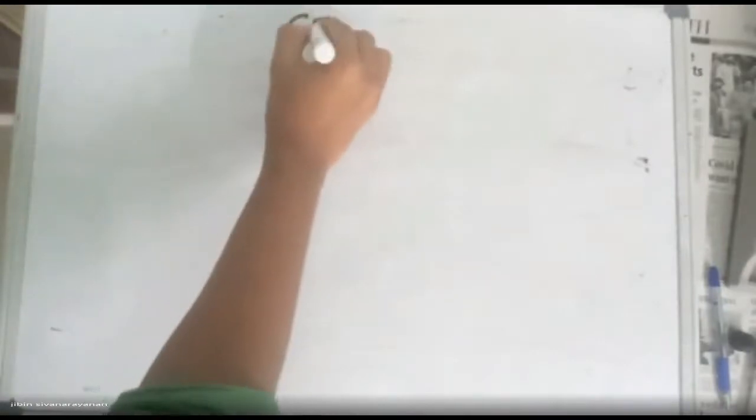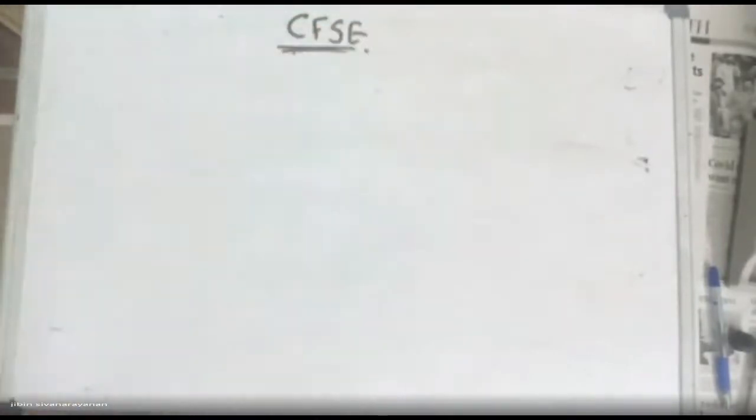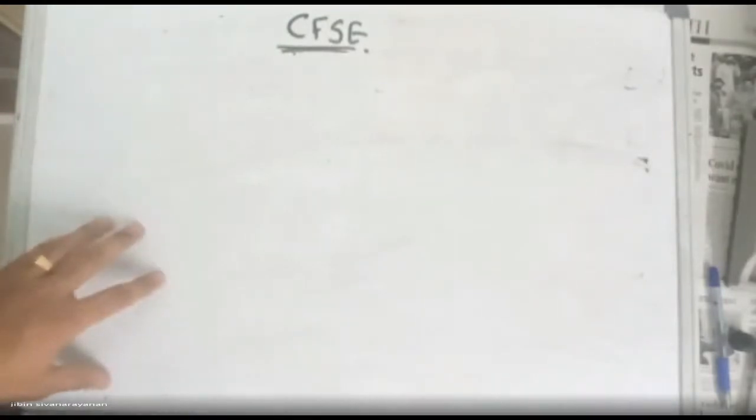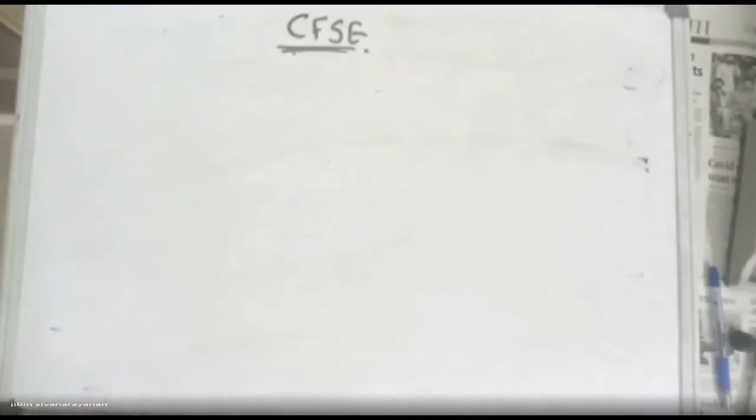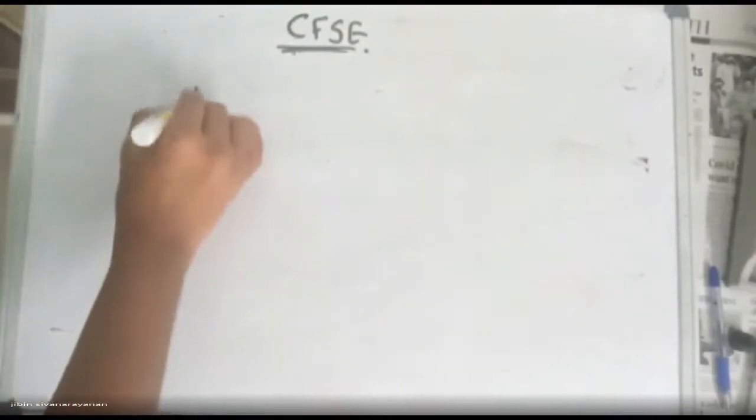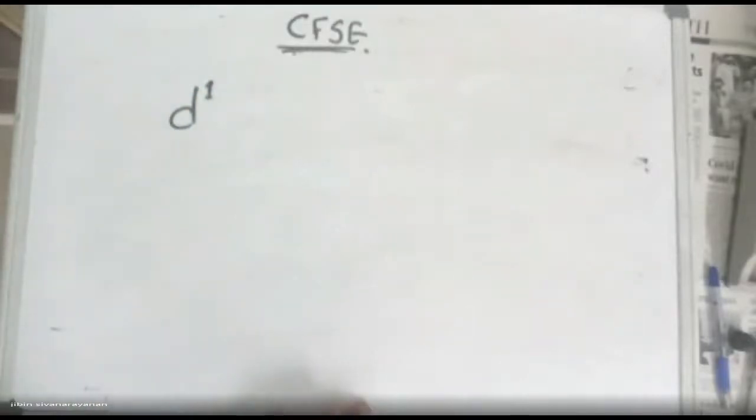Now we can go for crystal field stabilization energy, that is CFSE. For this, we have to consider whether the complex is low spin or high spin. Do you want to consider whether the d1 configuration is low spin or high spin? There is no need, because it is d1.